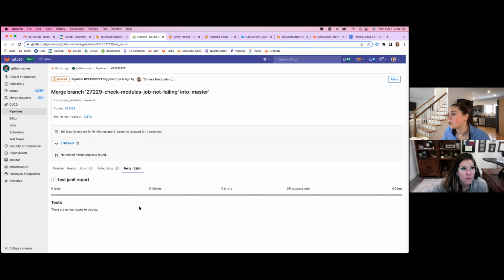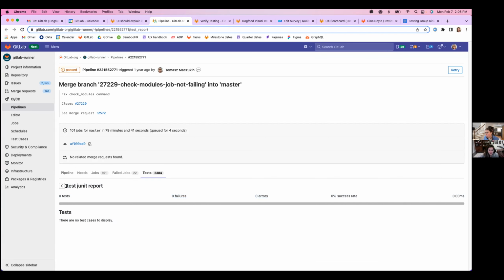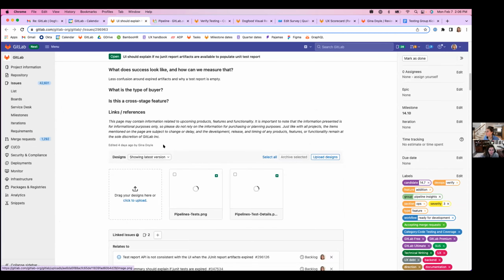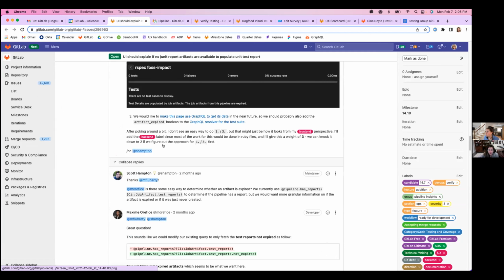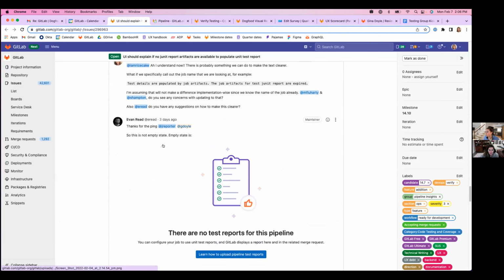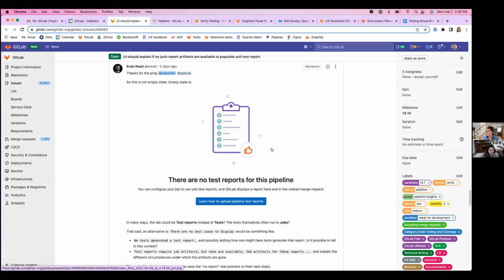My confusion is we're talking about this empty state, about the fact that the job artifacts are expired and that's why you can't see the test report. But then we also talk about a separate use case where there's this larger empty state. I'm confused if maybe we're actually talking about two separate problems. I don't think the graphic here is what Evan shared.